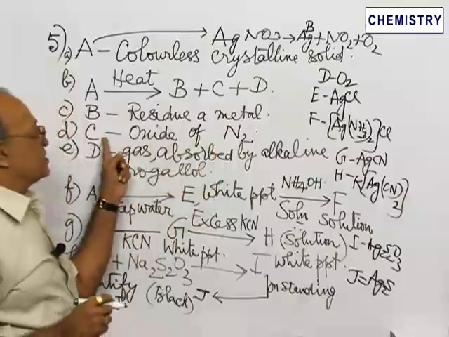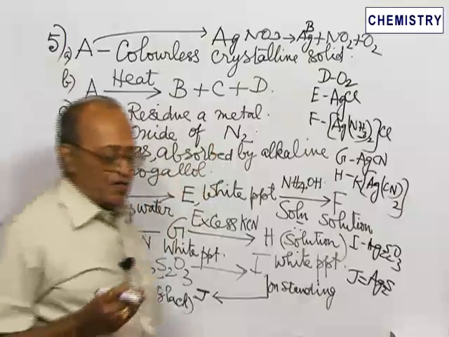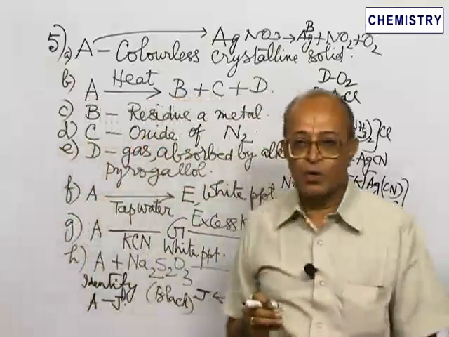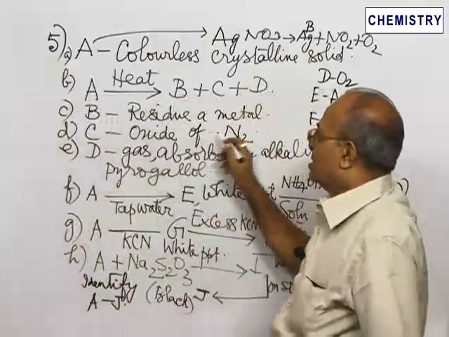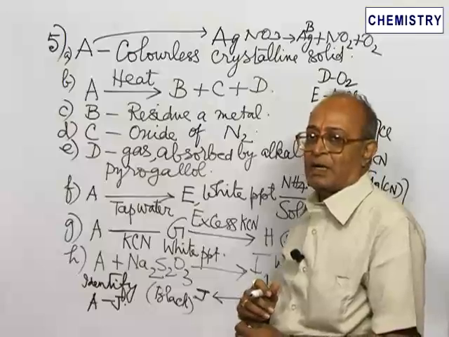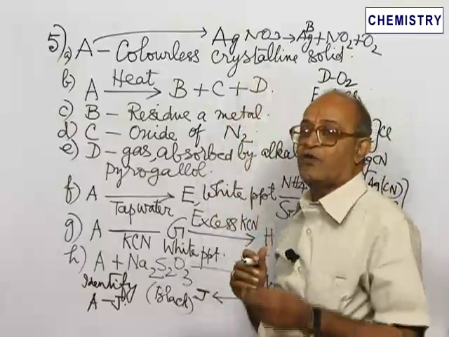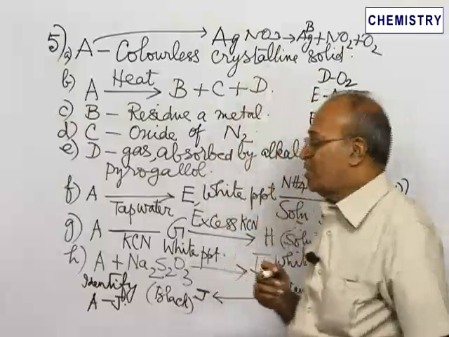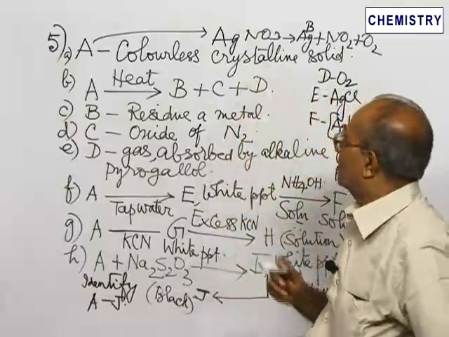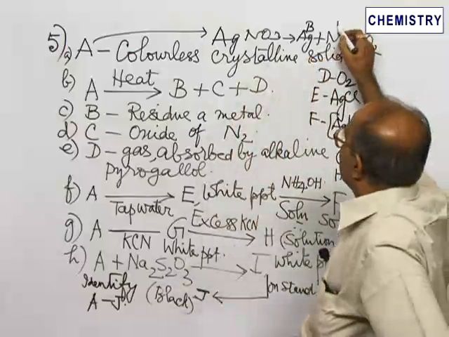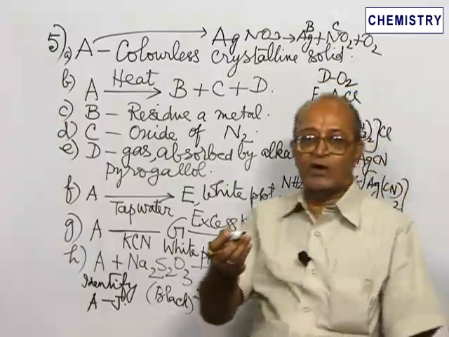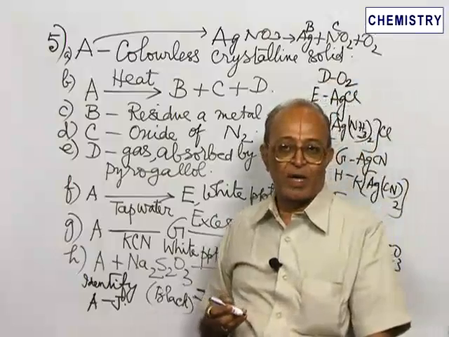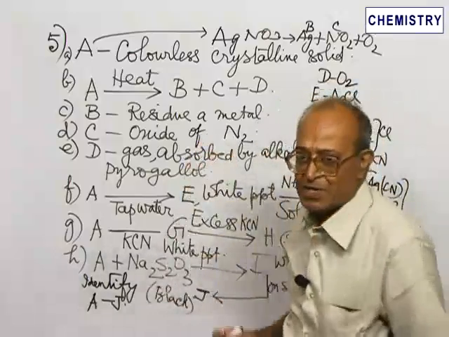Oxide of nitrogen C. Of course, I could have given one clue which I have omitted. Oxide of nitrogen NO2: if I had given that C is a brown gas, immediately you might have understood it is NO2, and this color I purposely omitted.